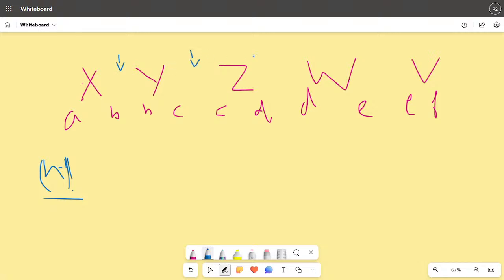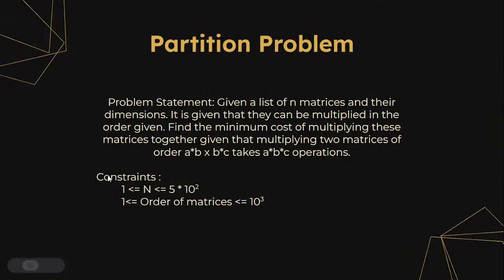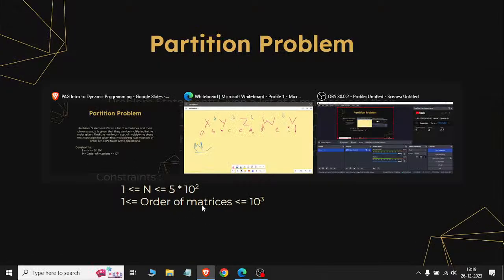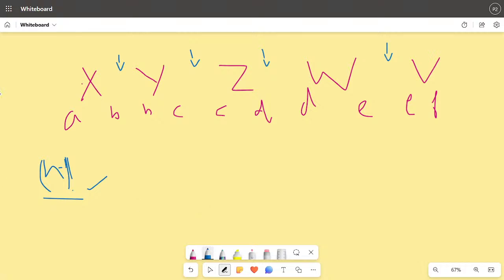We have n minus 1 joining points, and we just assume some order of joining, first I do this, then this, then this, and then we permute over all of them and get our answer. That is obviously a solution, but that won't pass. As we can see, n is 500, so n factorial would be very large. Now what else can we do?